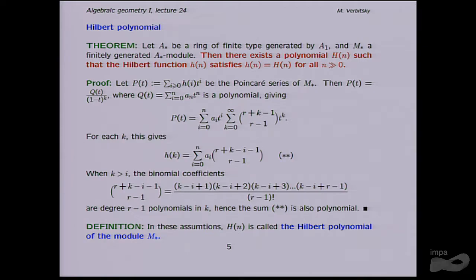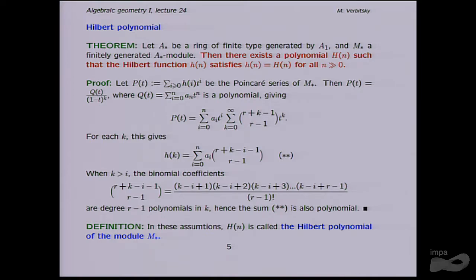I mean, you just express it as usual, and you notice that precisely for sufficiently big k, since in the coefficients we have also minus i here and minus i here, this is a polynomial in k if r minus 1 minus i is bigger than 0. Because it has degree r minus 1.